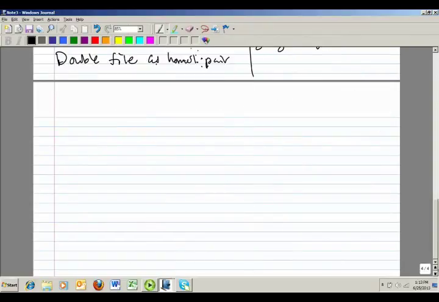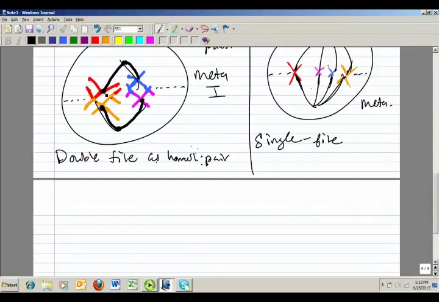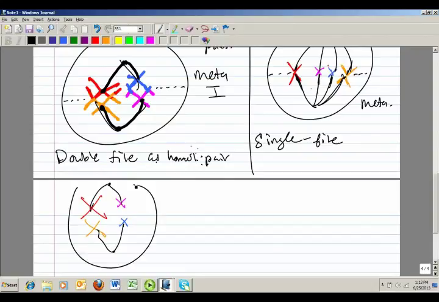Then you'll notice also that here I've drawn it to where the dark orange and the blue are on the same side, the light orange and the pink. But there's really no reason we couldn't have, and I'm not going to draw the crossed over parts, but there's no reason it couldn't have been lined up like this. There's no reason that that wouldn't have happened.